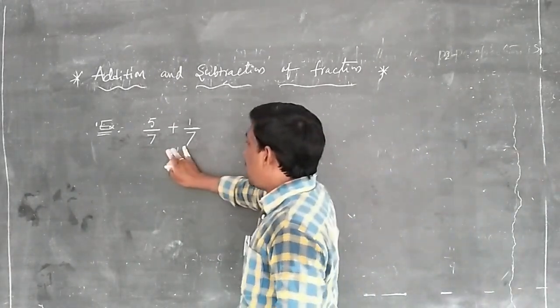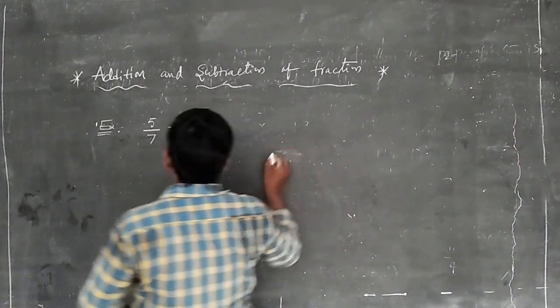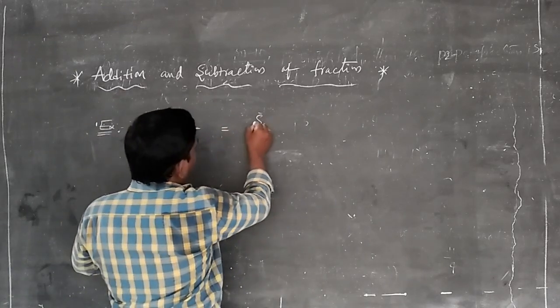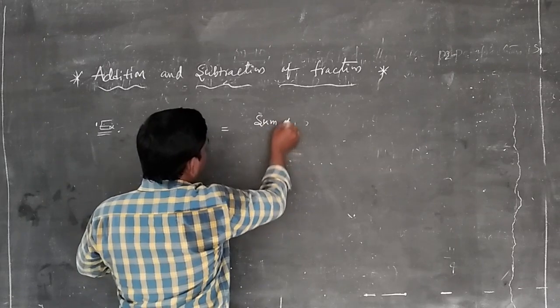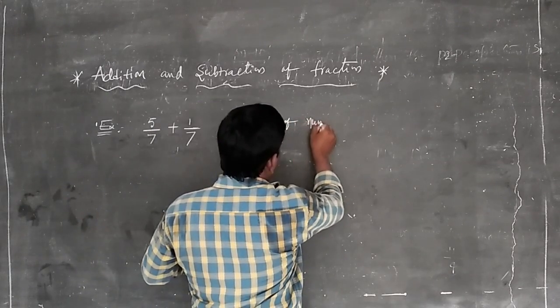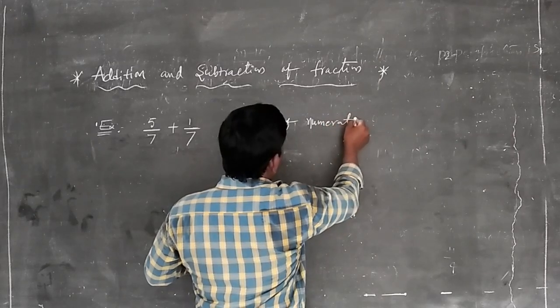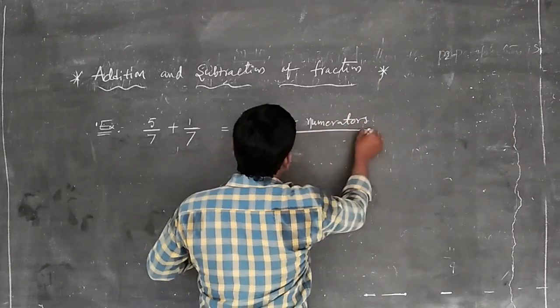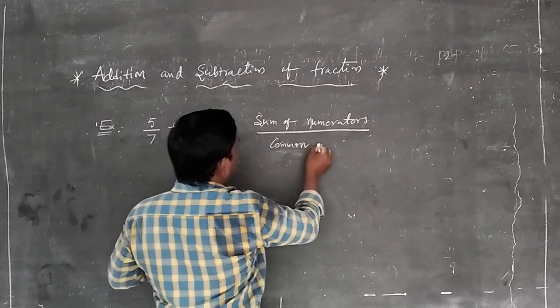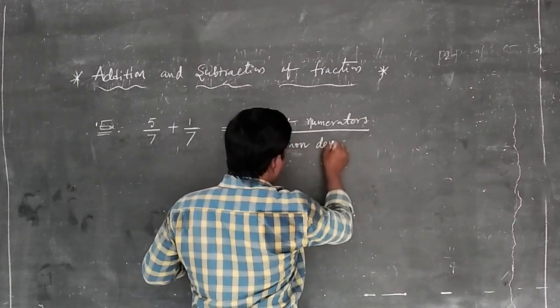We can easily add the like fractions: sum of numerators by common denominator.